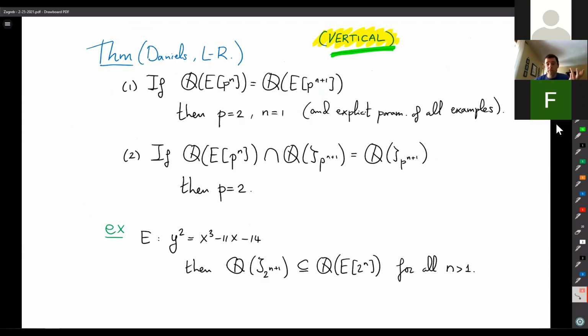So basically the 2-division field equals the 4-division field, and we can parameterize all the examples of such entanglements.